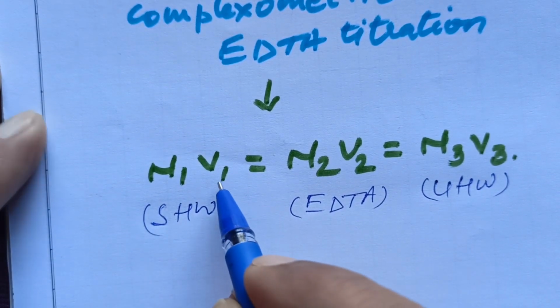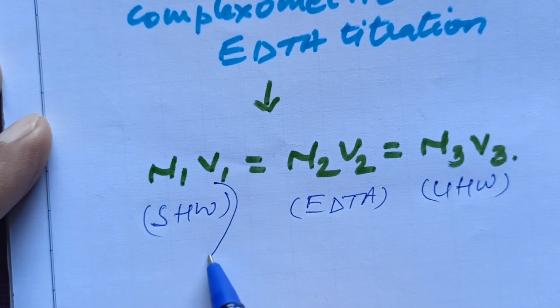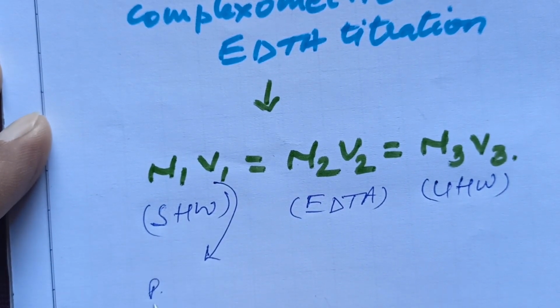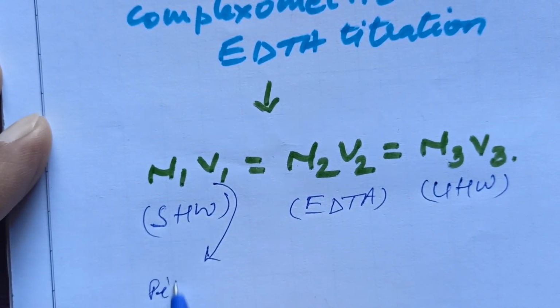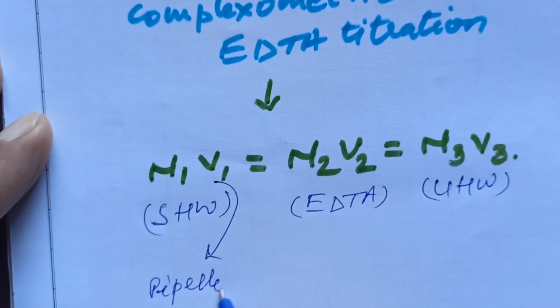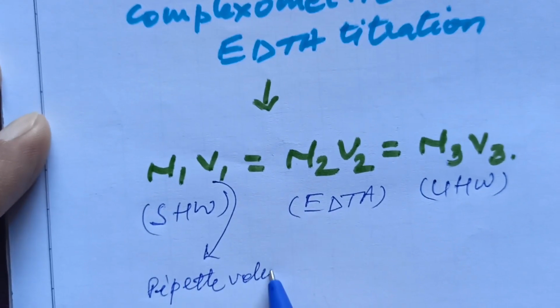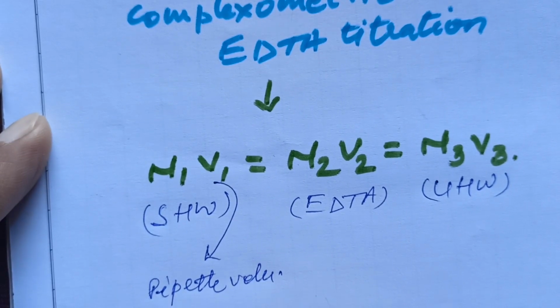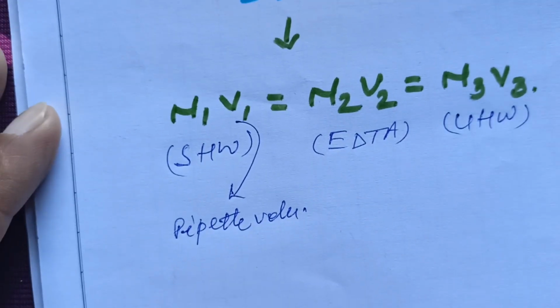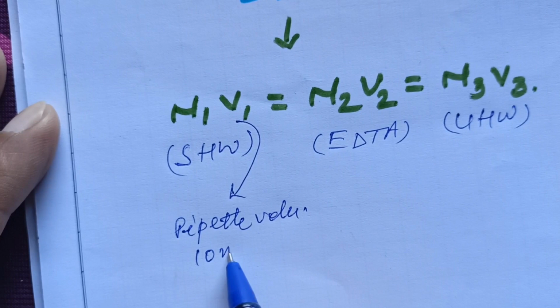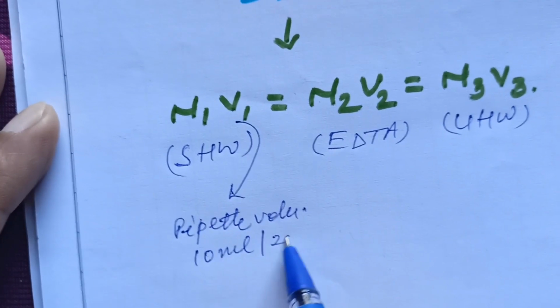Generally the V1 volume is a pipette volume, which may be 10 ml or 20 ml.